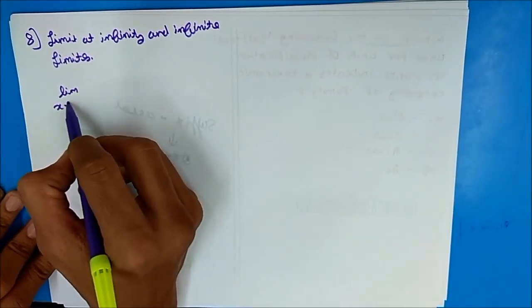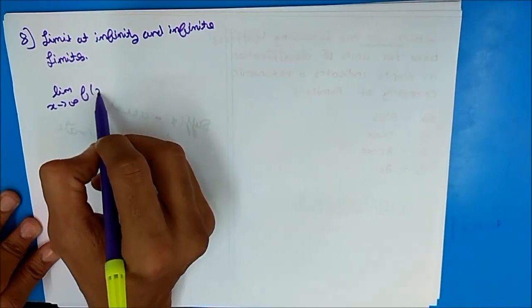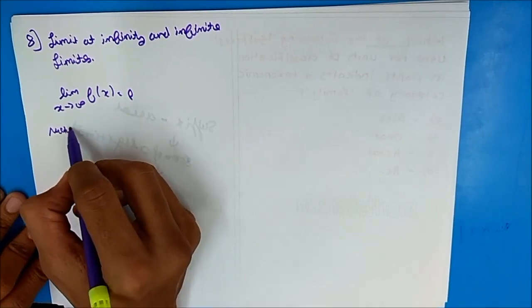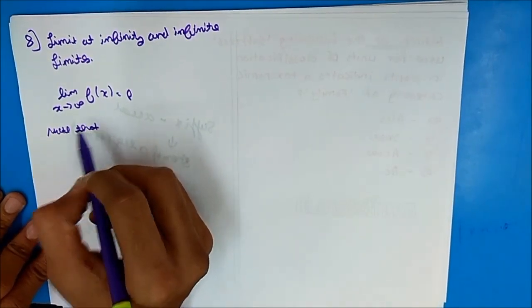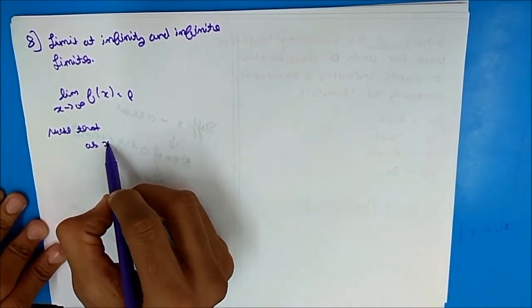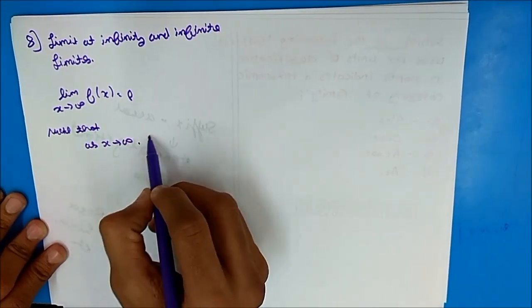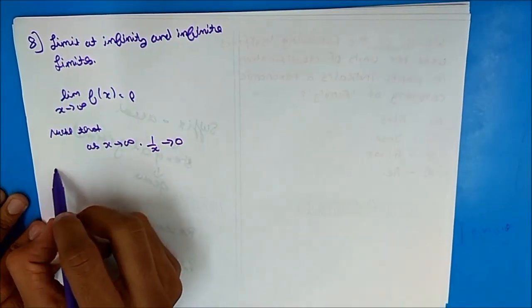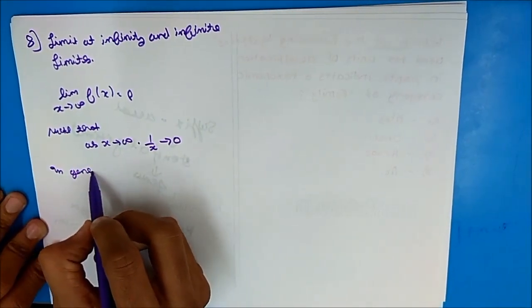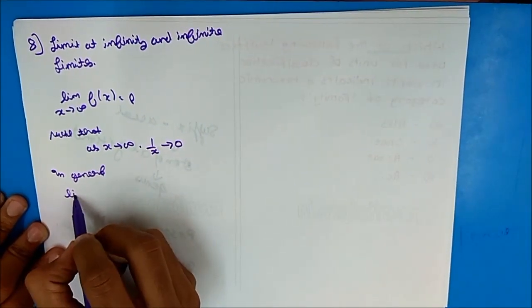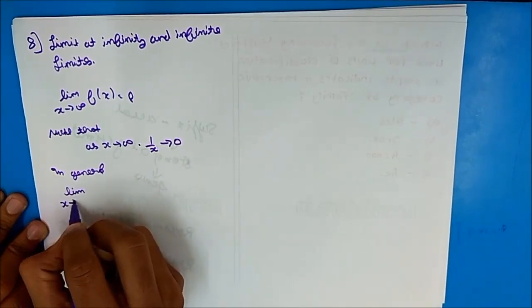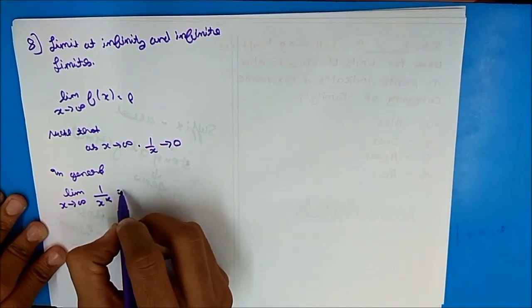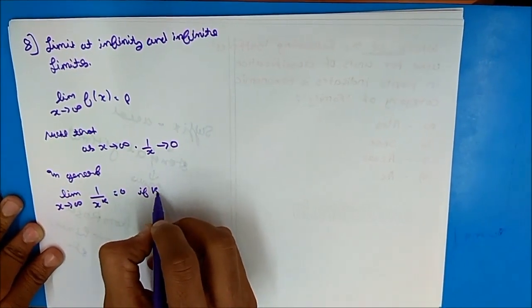Limit x tends to infinity, f of x is equal to L. Now note that as x tends to infinity, 1 upon x will tend to 0. So in general, limit x tends to infinity, 1 upon x raised to k is equal to 0 if k is greater than 0.